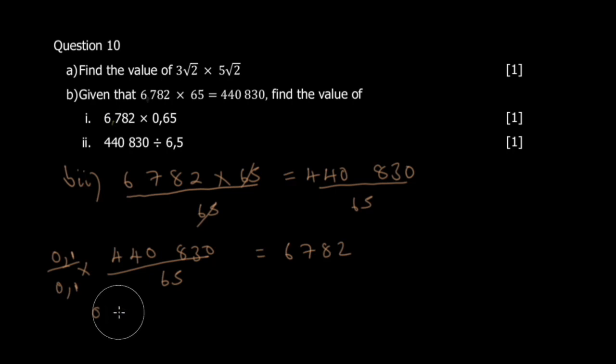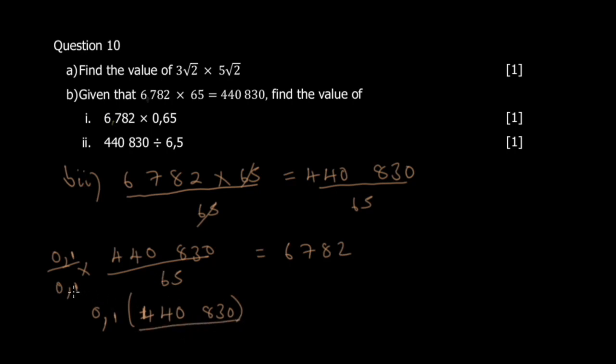So let me just rub this part a little bit. So you get 0.1 for this 0.1 here. So you get 0.1 times 440,830, like this, divided by what?